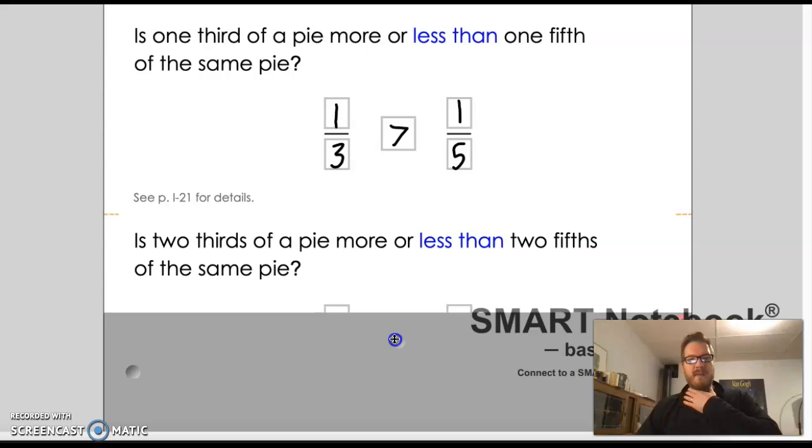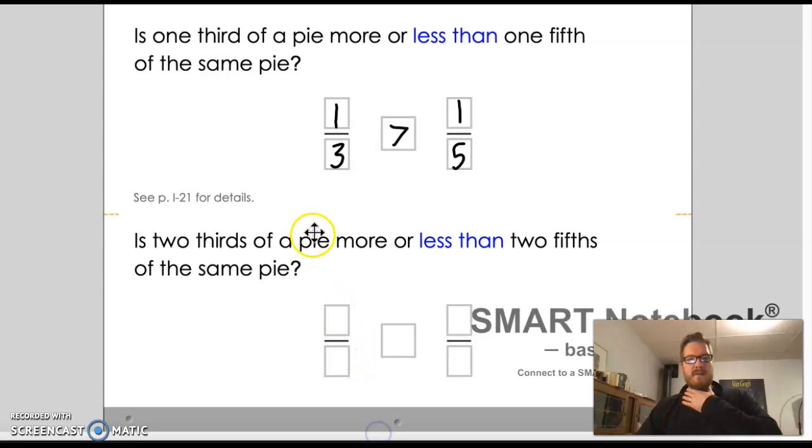Okay. What about 2/3 of a pie versus 2/5 of a pie? Again, because this denominator is smaller, this one is actually more than this one. 2/3 is more than 2/5 because this denominator is smaller. It's a weird sort of situation, but that's how it works.